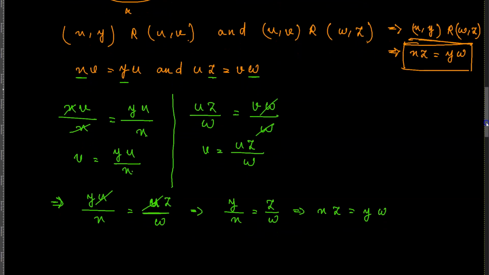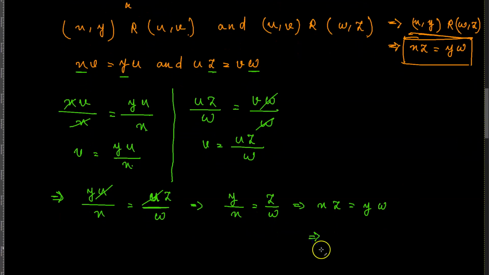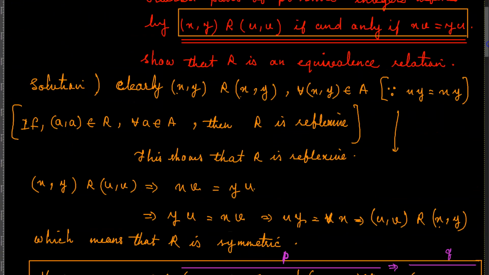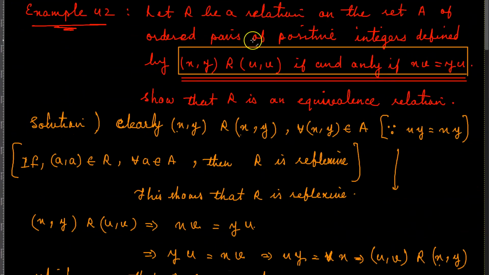And if this is true, this simply implies that (x, y) is related to (w, z), because if you multiply x times z, that should be equal to y times w, based on this rule that we have here, right?